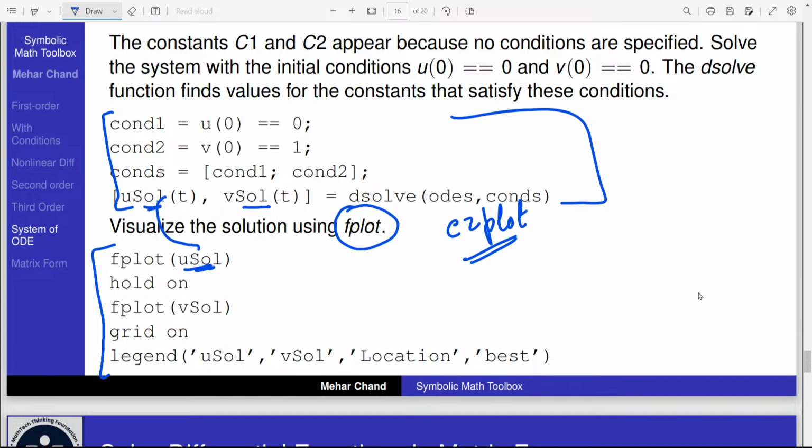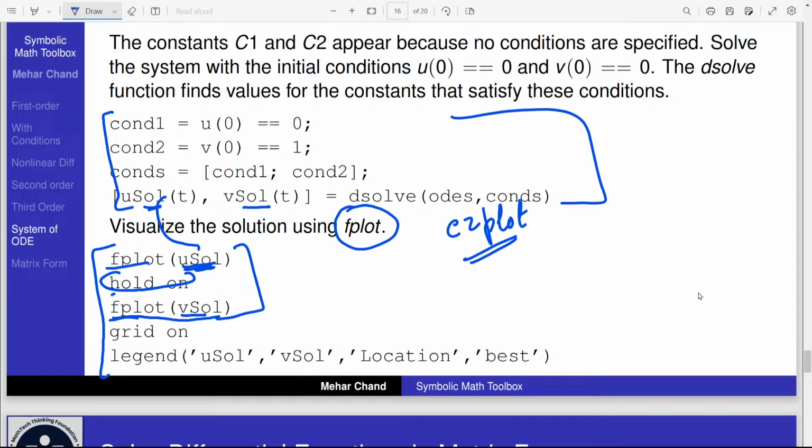The hold on function is used when we have 2 or 3 plots in the same image. This is the second solution, the V solution, and fplot is there. So fplot U solution, fplot V solution is used to visualize these two solutions.